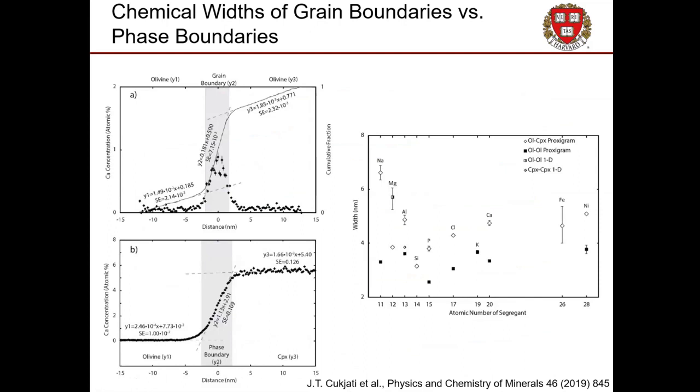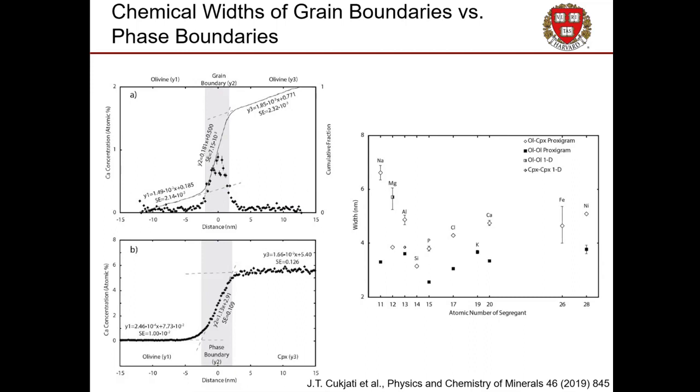We can do that by going into those boundaries either with a simple one-dimensional plot across them or using a more complex curved surface and plotting along a not flat grain boundary. And we can actually determine the chemical width over which things have segregated during the deformation process. And this has implications for the field of rock mechanics and petrology, which we're not going to discuss here.